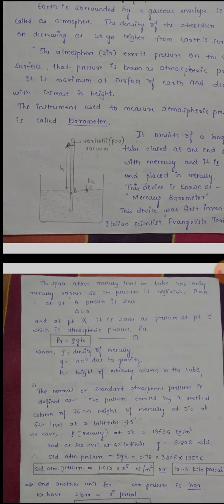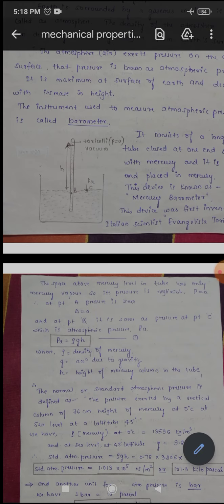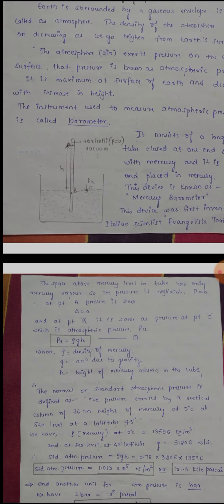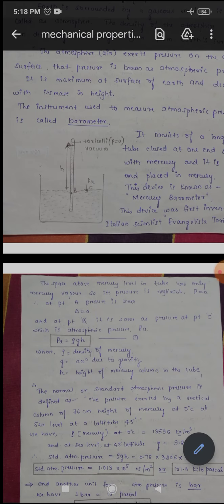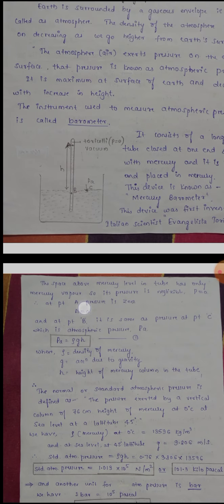So at point A the pressure is only due to the mercury vapors, and we consider it as 0. The pressure at point A is 0.